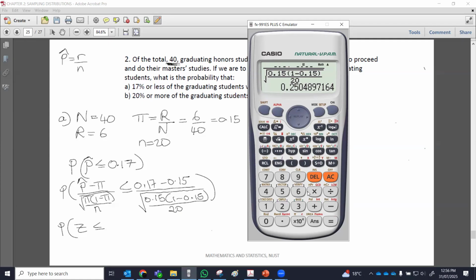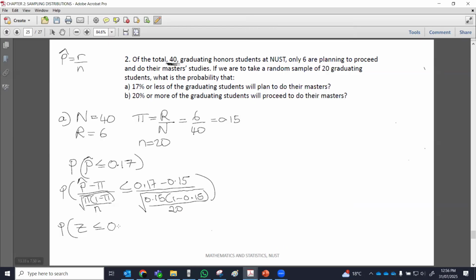And this gives us 0.25. So 0.25. And the reason why we write it as decimals with only 2 places is because the table that we're given only reads 2 places. So now we draw a sketch of the area that we're looking for.